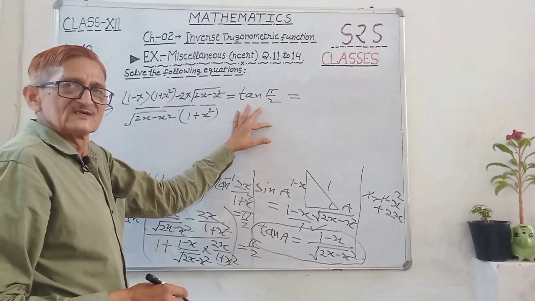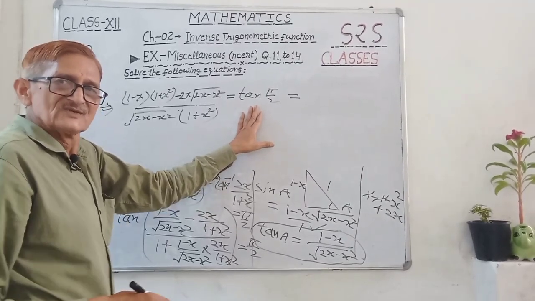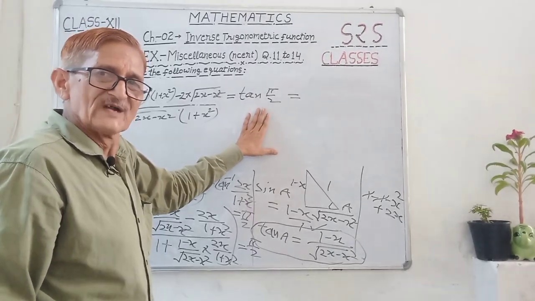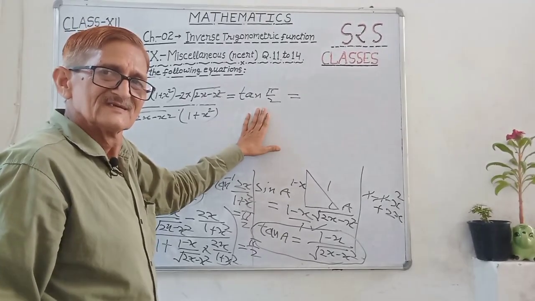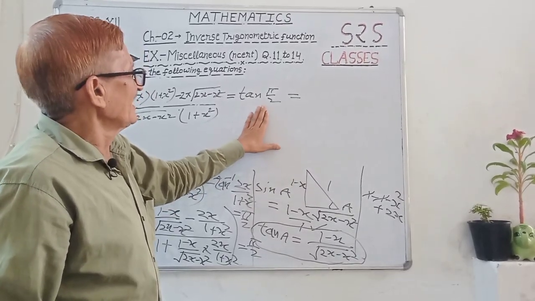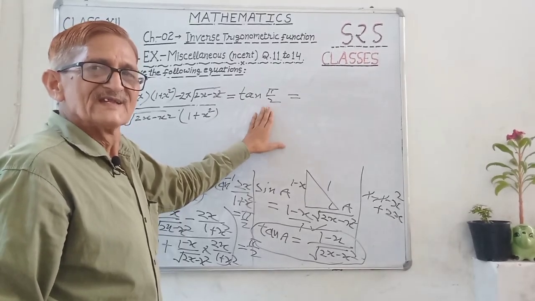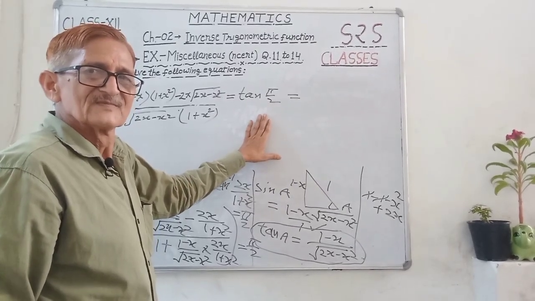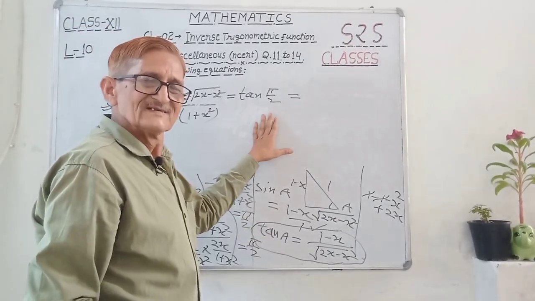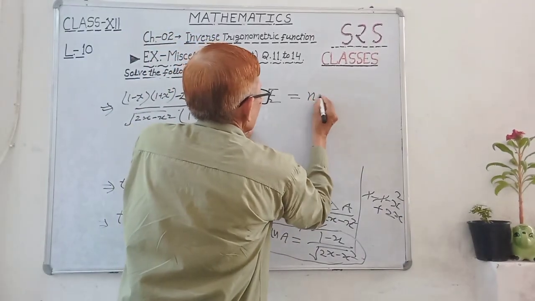And tan pi by 2 value: tan 90 degree is sin upon cos, sin 90 upon cos 90, clear? Sin 90 value 1 upon cos 90 is 0, 1 upon 0 means infinite, not defined.